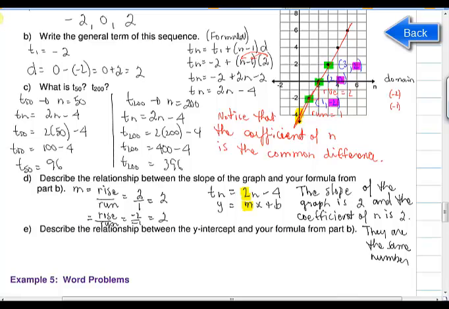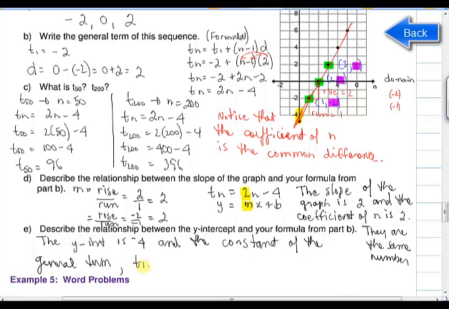So from the graph, the y-intercept is -4, and the constant of the general term, which is t subscript n equals 2n minus 4, is -4.